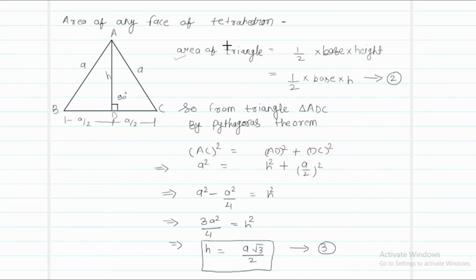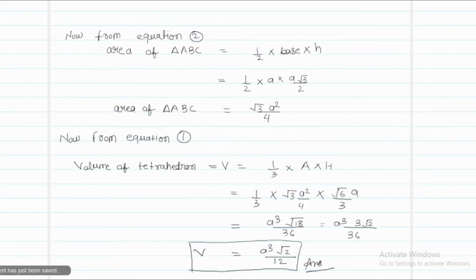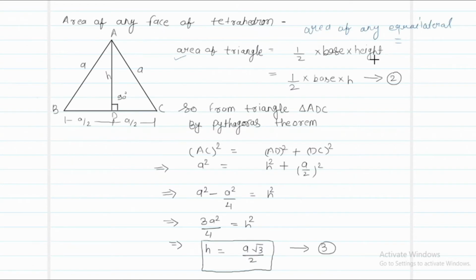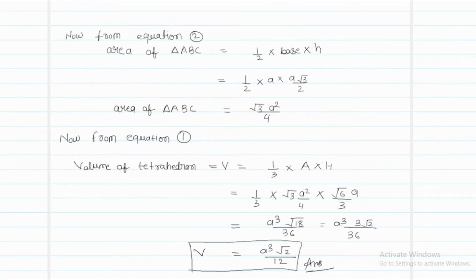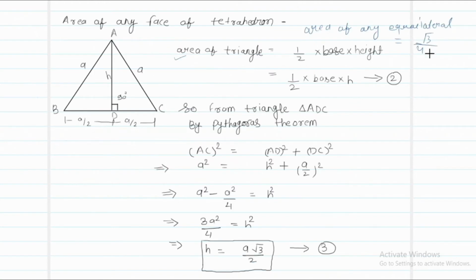Basically we know the area of any equilateral triangle. So the equilateral triangle area is equal to root 3 upon 4 a square.